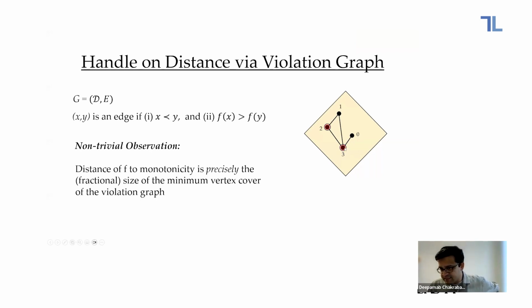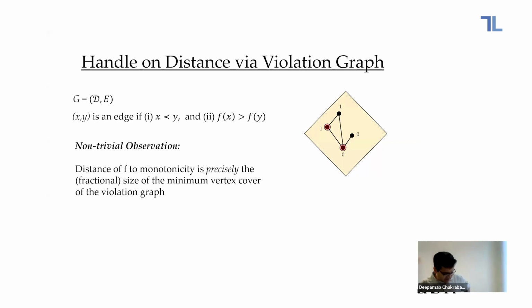In this case, this is the smallest one. I hope you can see my arrow. This 3 is compared with 2, 1, and 0. So to make these edges vanish, so all the violations go away, I should make it the smallest among 1, 2, and 0. So I make it 0, and I repeat this process recursively. Then this gets fixed to 1, and this function becomes monotone.